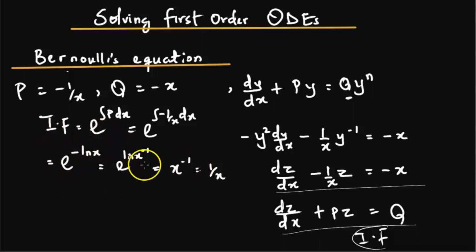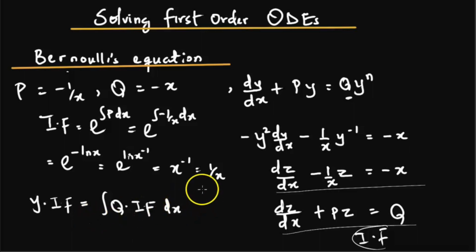So after getting the integrating factor, now we can solve our ODE very easily using the formula y multiplied by the integrating factor equals the integral of q multiplied by the integrating factor dx. Now recall that we are still dealing with variable z, right? What we have here is z with respect to x.